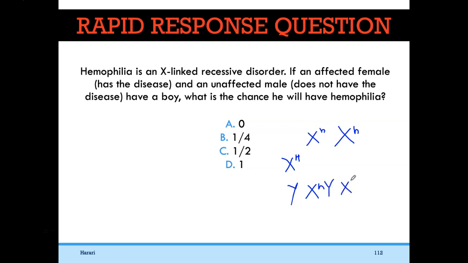Well, unfortunately, 100% chance, or 1, because boys only get an X chromosome from mom. If both of mom's X chromosomes have hemophilia, the son is going to get hemophilia. So this explains why males are more impacted by X-linked recessive disorders.